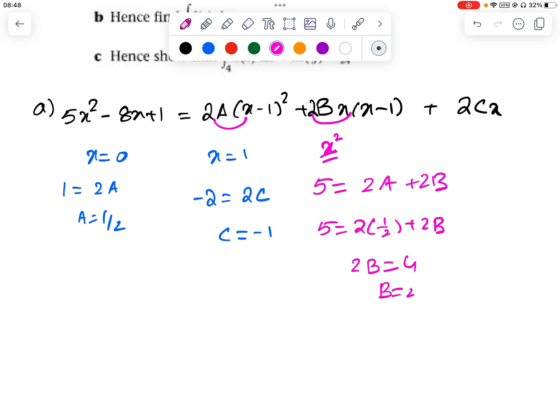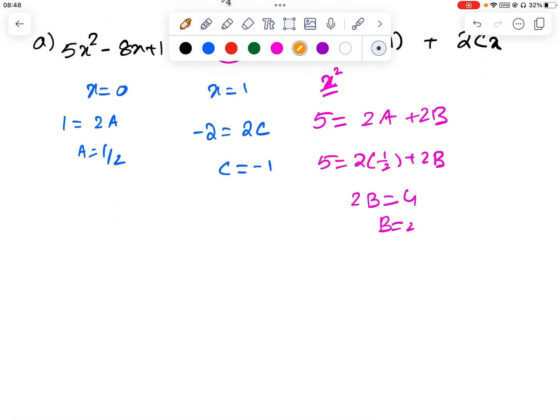Now the partial fraction. So what does that become now? Integral of f of x dx will be integral of 1 upon 2 upon x plus 2 upon x minus 1 minus 1 upon x minus 1 whole squared dx.